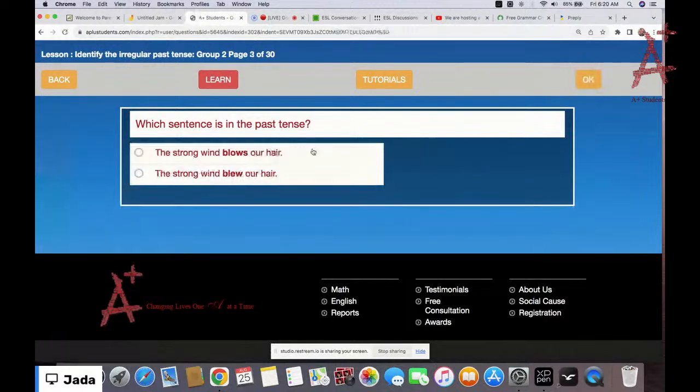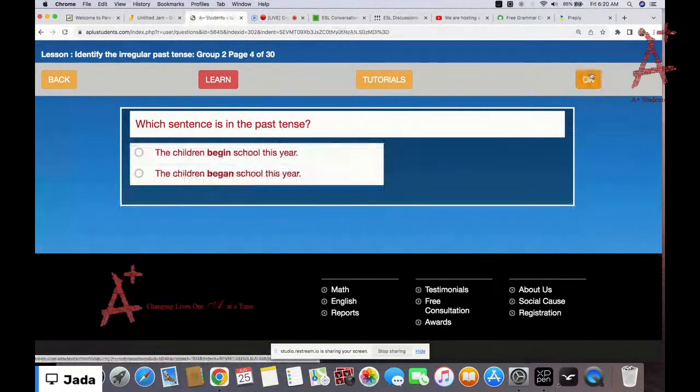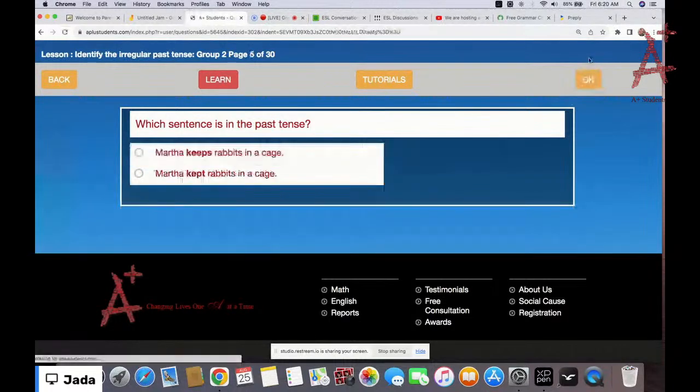The strong wind blows our hair. The strong wind blew our hair. The children begin school this year. The children began. So the past tense of begin is began. Mother keeps rabbits in a cage.